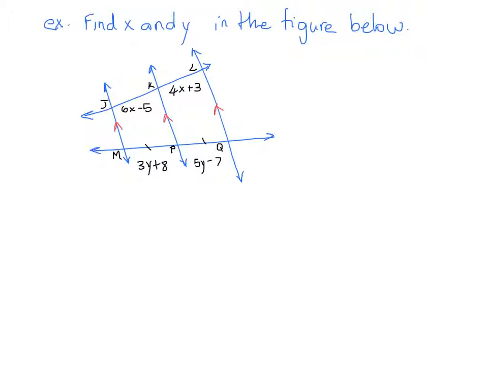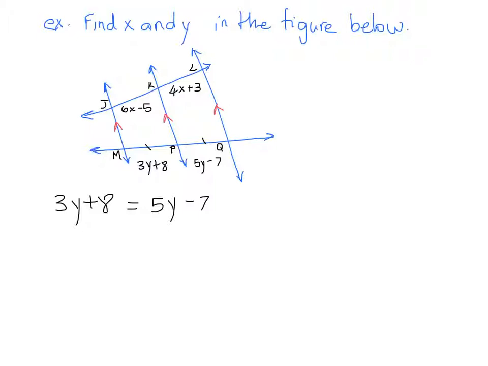Okay, so let's take what we've learned so far and solve for x and y in this figure. So we already know from what the figure tells us that this and this are congruent segments. These two things are congruent segments. So we can go ahead and say that 3y plus 8 is equal to 5y minus 7, because again, those two things here are congruent to each other. Alright, so we want the y's on one side and the numbers, the constants, on the other side.